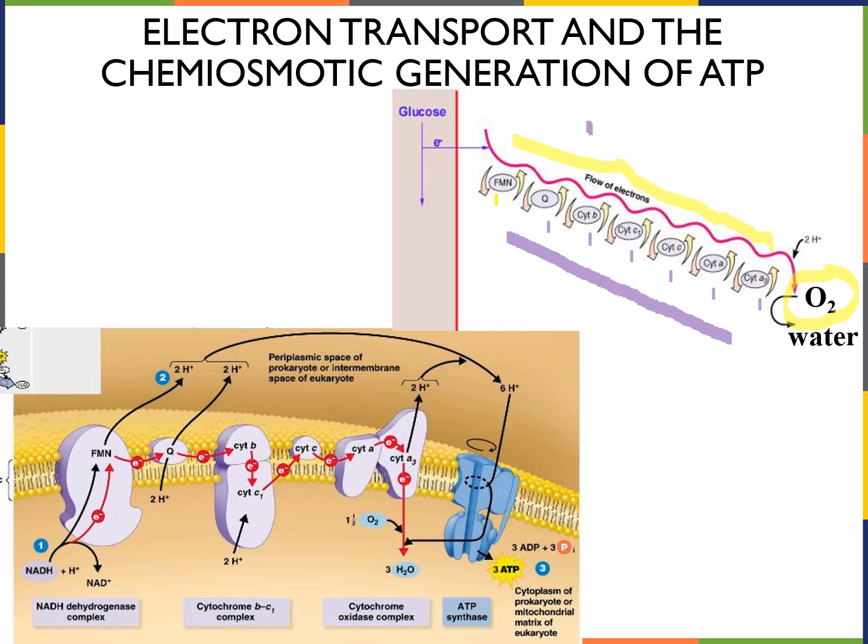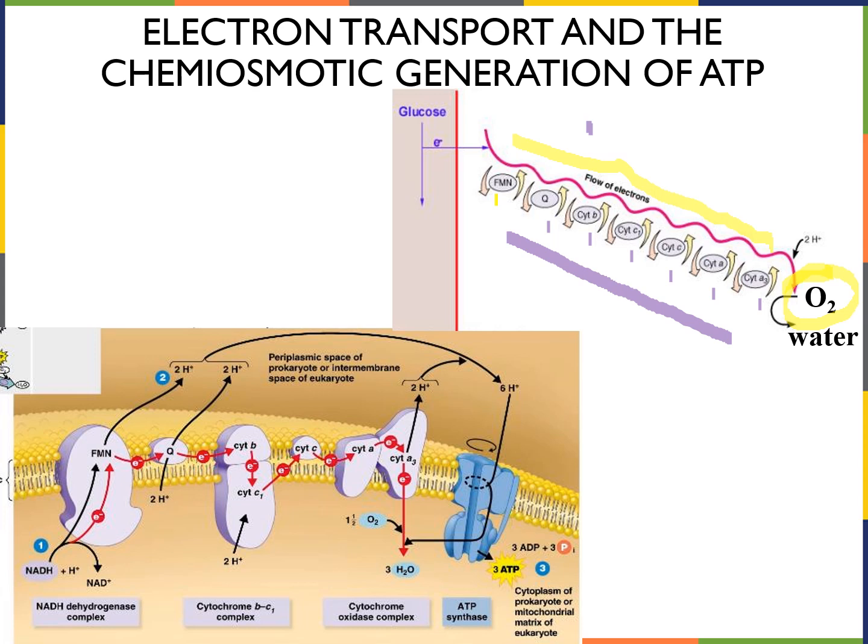At the very end of the electron transport chain, you will have oxygen. Oxygen is the terminal electron acceptor for aerobic respiration. Okay. By the end of this chapter, you will also be introduced to the terminal electron acceptor for anaerobic respiration and for fermentation. And you need to know all those because they are test questions.